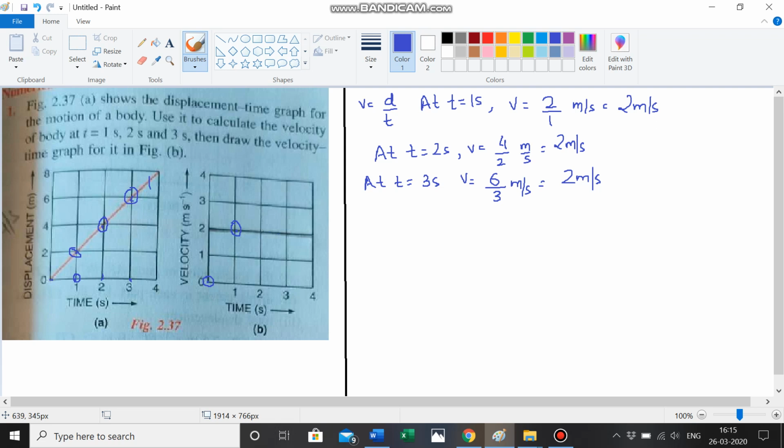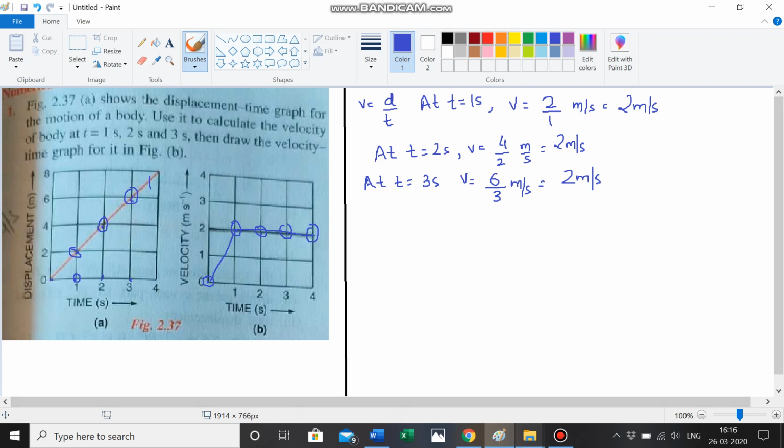At 2 second? 2. At 3 second? 2. And at 4 second, my velocity is still 2. So this is my velocity time graph for 1, 2, 3, 4 second, and this is how it is going. So this is my velocity time graph for this question.